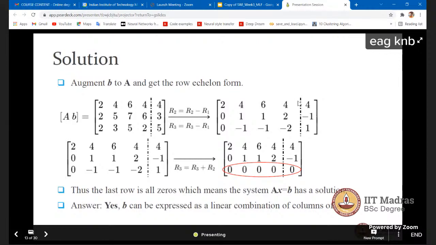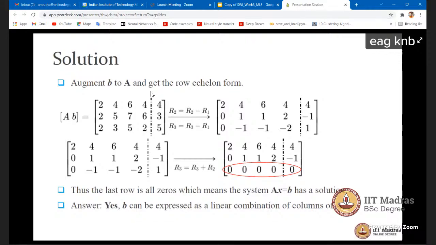Yeah, because given this B, this matrix is a 3 by 4 matrix. If you have, for example, a 2 by 2 matrix, at that time you will get only two unknowns and two equations. Two unknowns and two equations is easy to solve, and it has a unique solution.